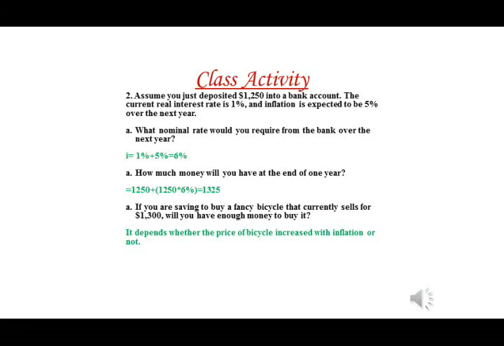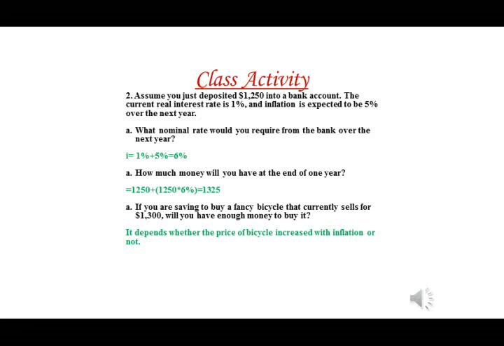Of course, it will equal 1,250, which is the money I have deposited, plus the interest payment I will receive on this amount, which equals 6% times 1,250, so it will equal 1,325.